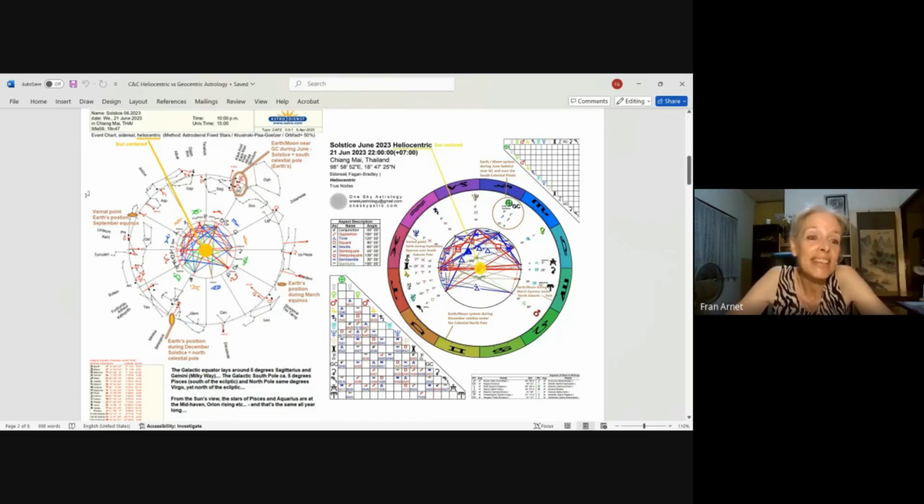As you can see, it looks a bit different from the charts most people are familiar with. But with Astrodienst, I have the possibility to use a method called fixed stars.